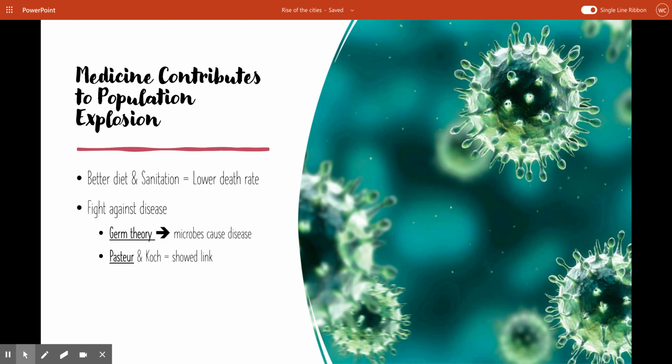And understanding that germ theory, the knowledge that we gained from that, is really going to help us figure out how to make things like vaccines, which is incredibly important in today's world, right? During COVID, without the germ theory, we would be lost right now. It would be a disaster. So some of these things you're learning about in the Industrial Revolution are very important even to today. They're relevant.